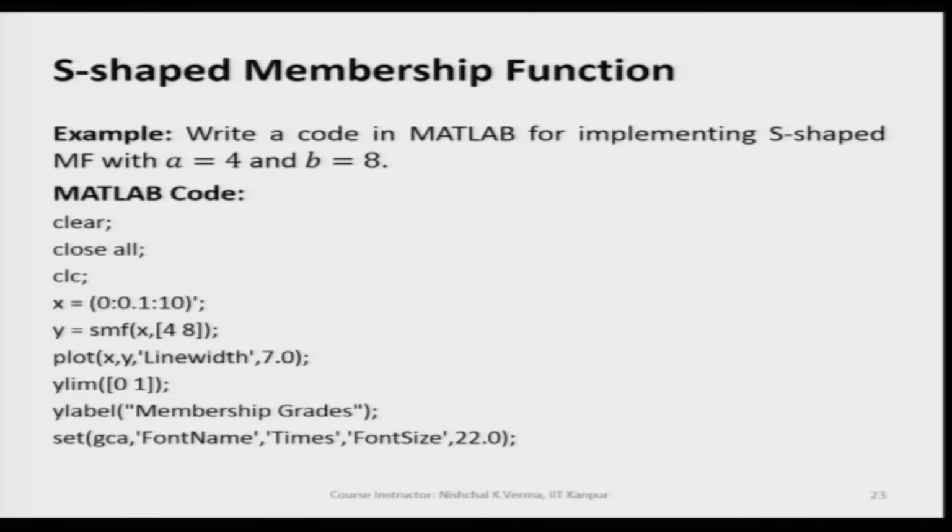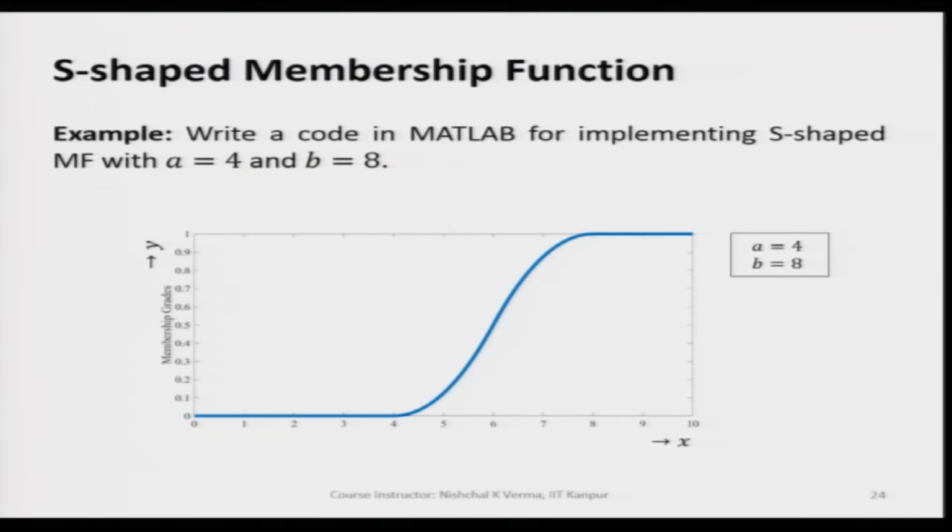Like other membership functions, for the S shaped membership function we have a MATLAB code ready for you, and if you execute it in MATLAB with A equal to 4 and B equal to 8, we clearly see the S shaped membership function we are going to get.